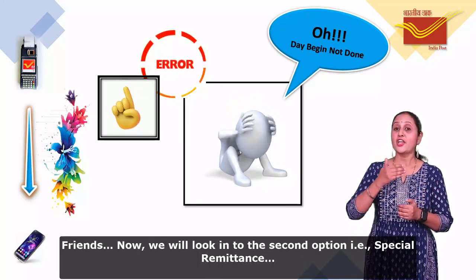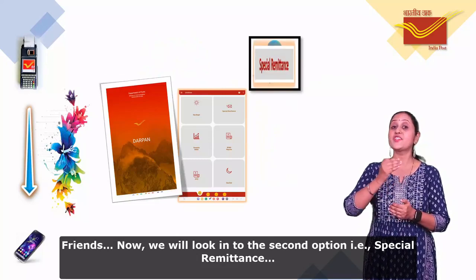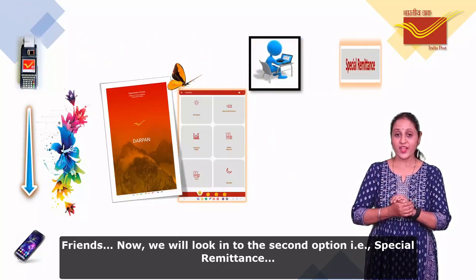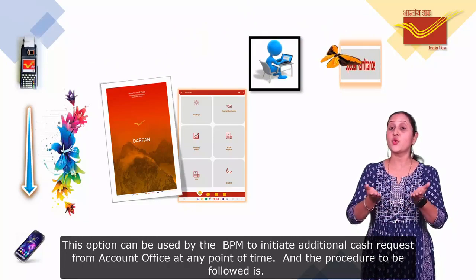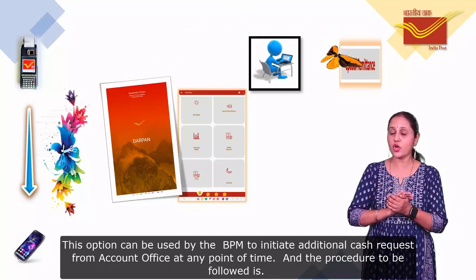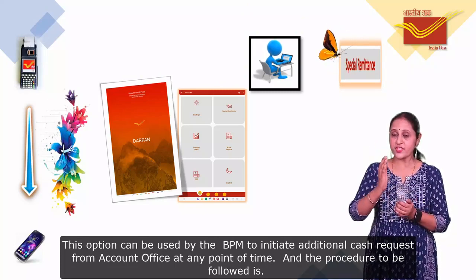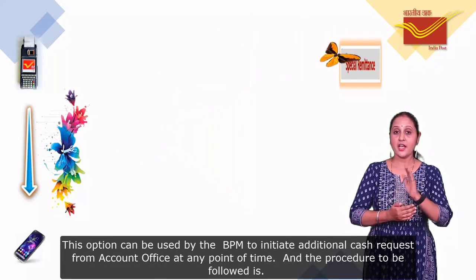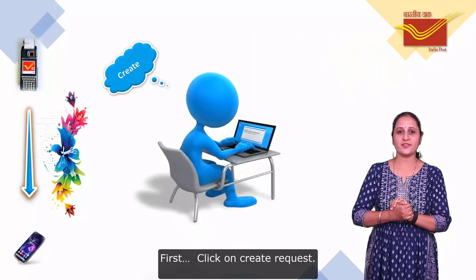Friends, now we'll look into the second option, that is Special Remittance. This option can be used by the BPM to initiate additional cash requests from the account office at any point of time, and the procedure to be followed is: first, click on Create Request.